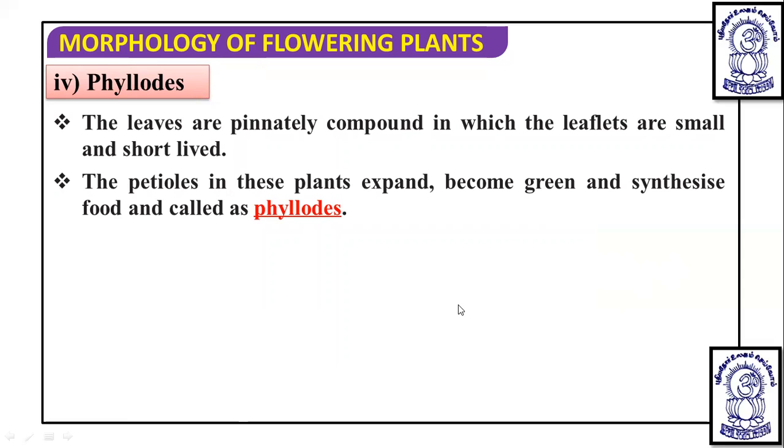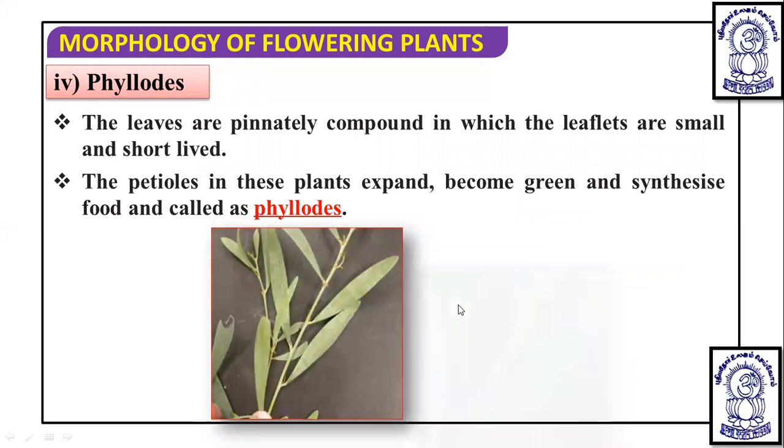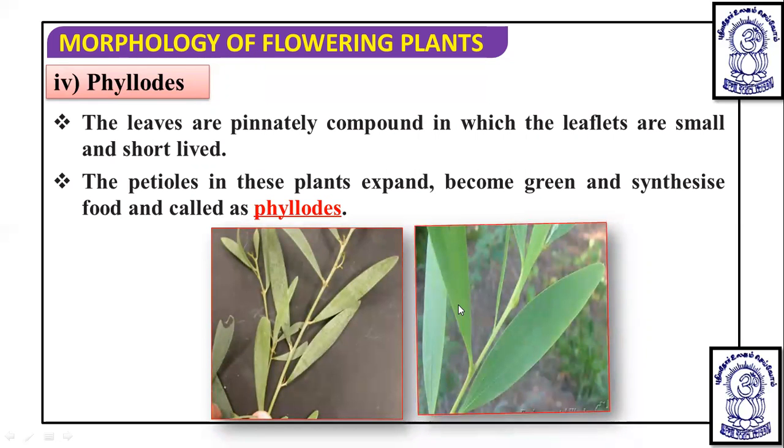So the petiole expands and becomes green and synthesizes food. Then it is known as phylloid. Here you can see this is actually the petiole, and over this petiole you will see the arrangement of bipinnately compound leaf like this.